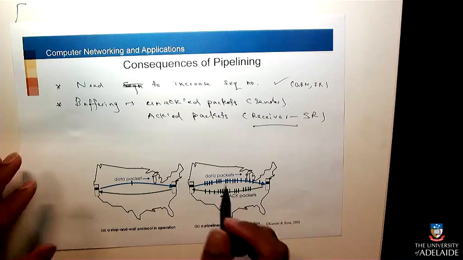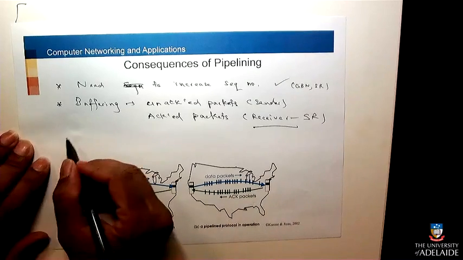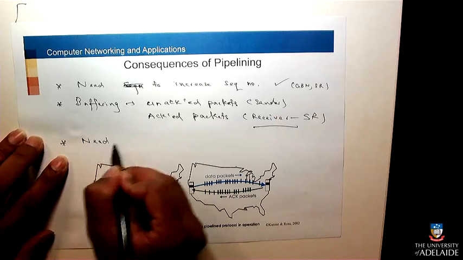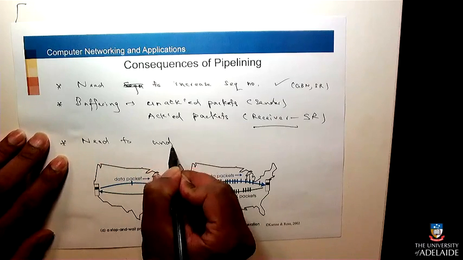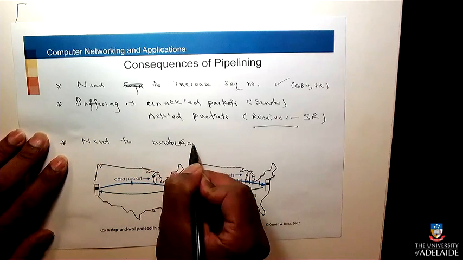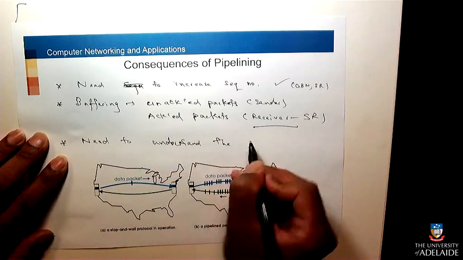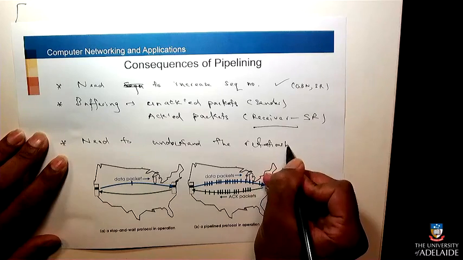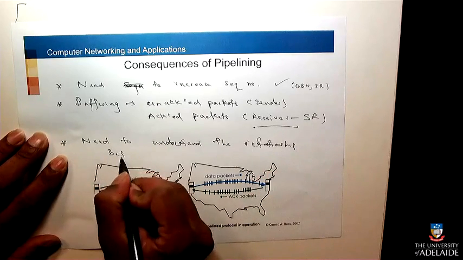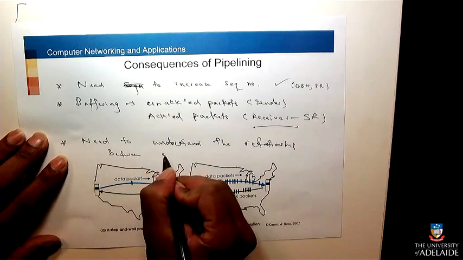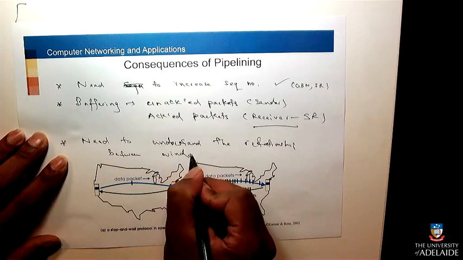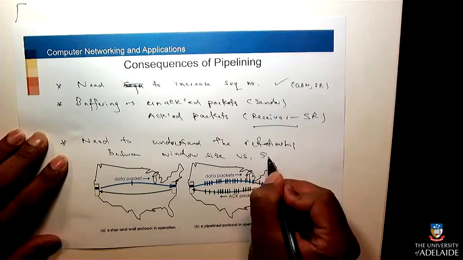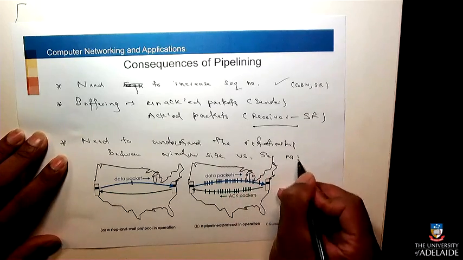And the other thing that you realize is that we need to understand the relationship, window size versus sequence numbers.